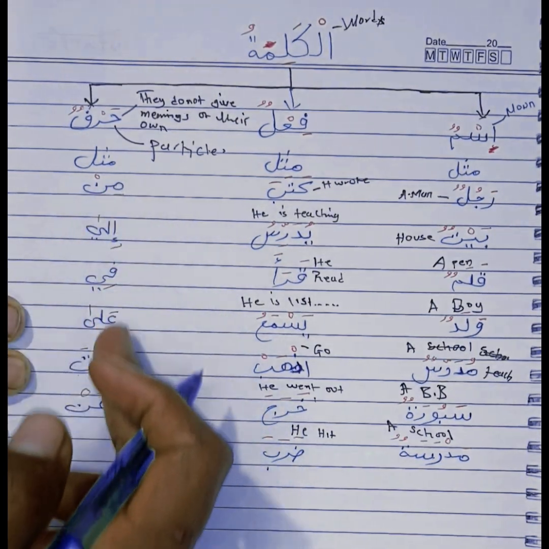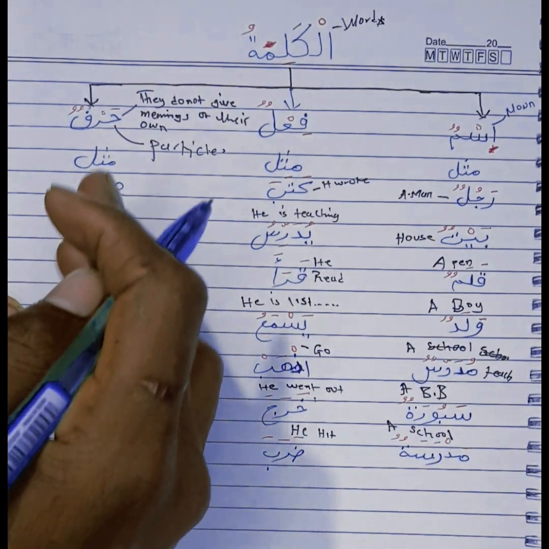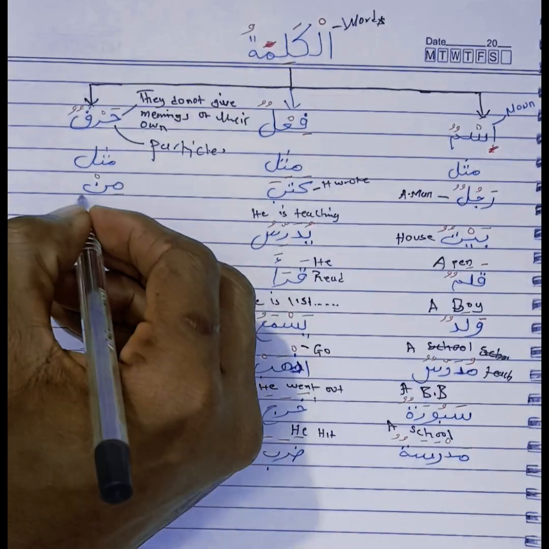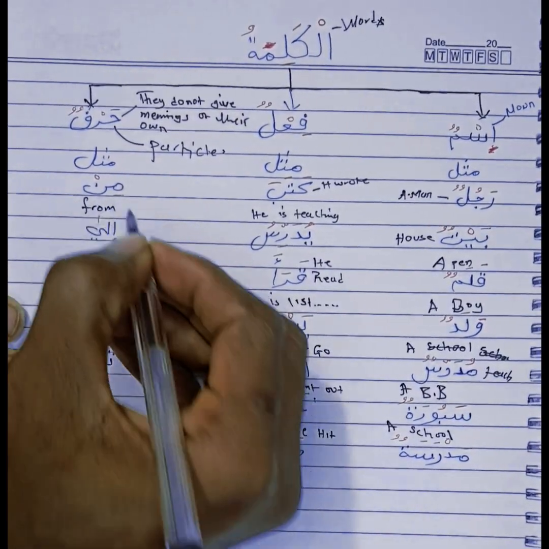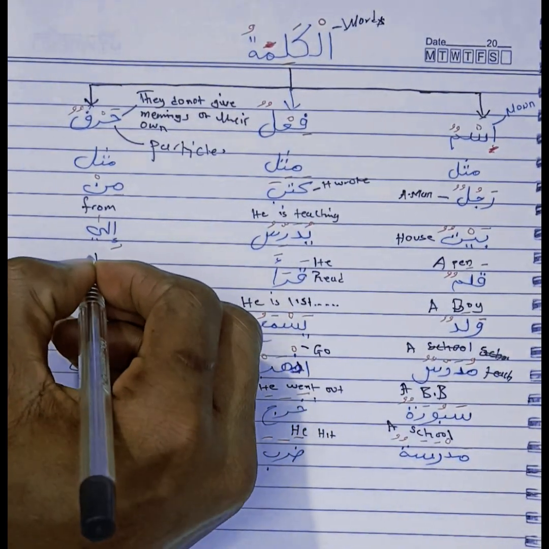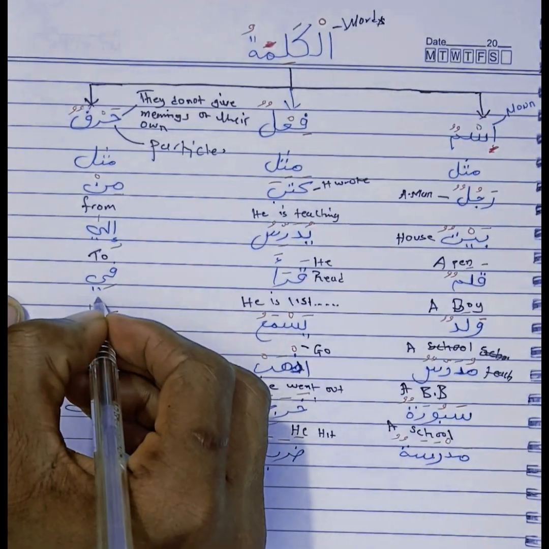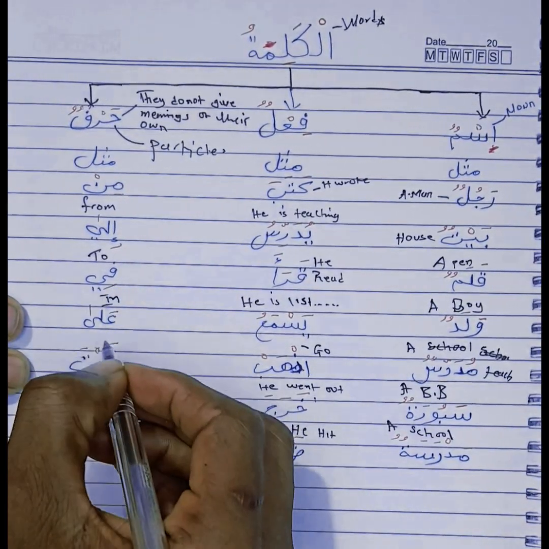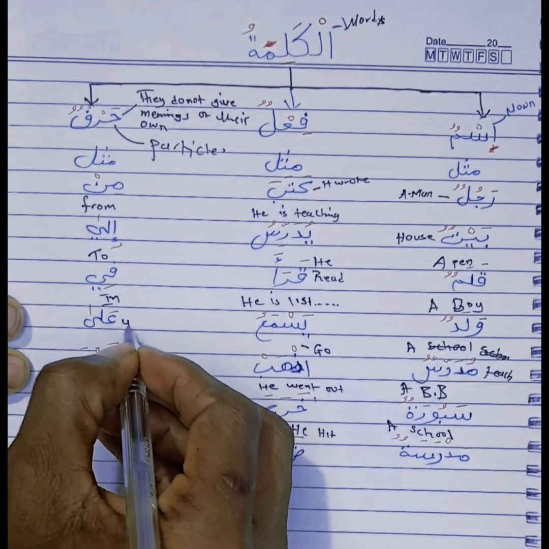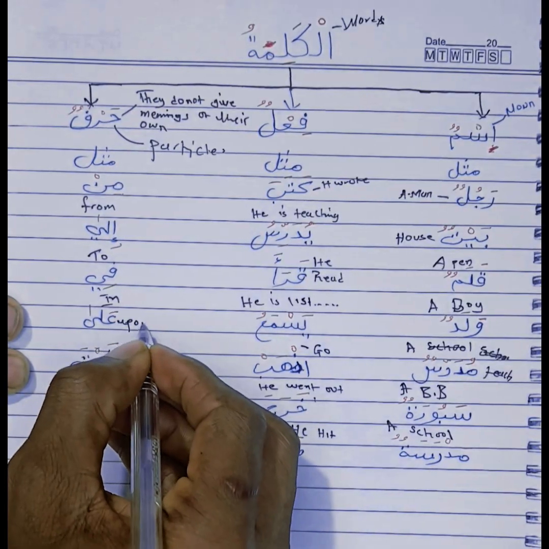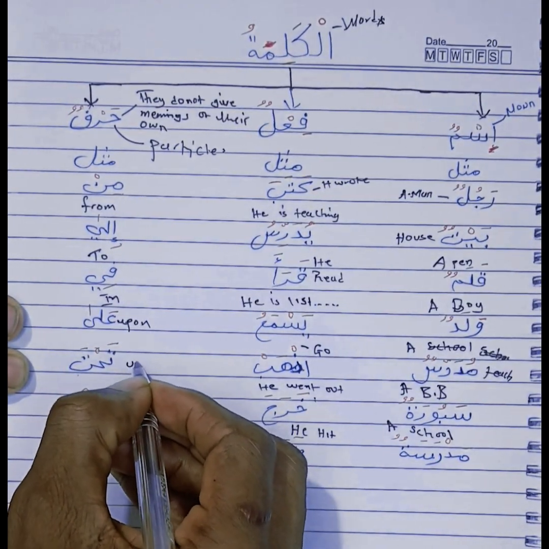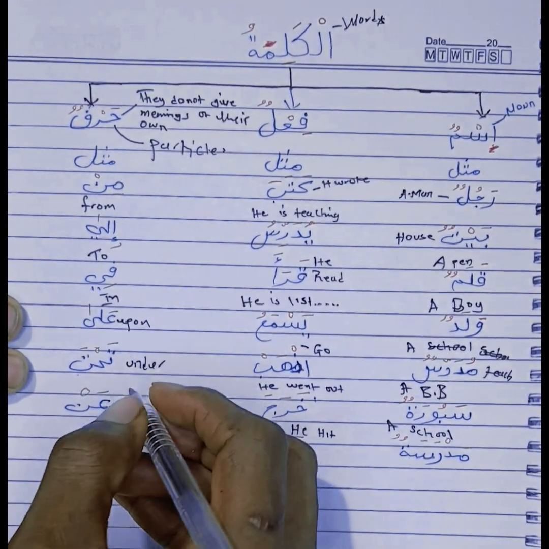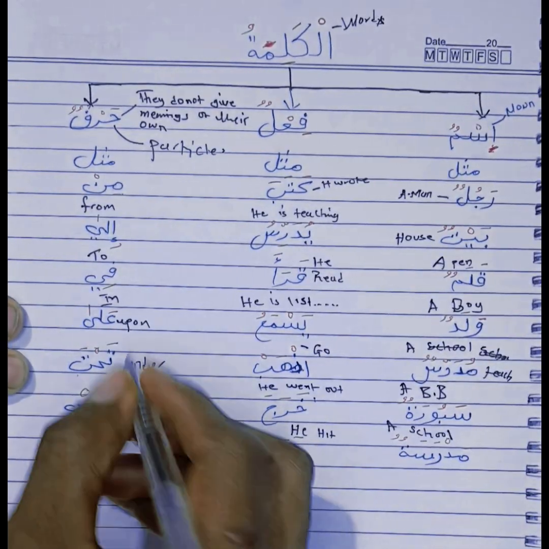These are a few examples of huruf, which are particles. Min means from. Ila, to. Fi, in. Ala, upon. Taht, under. An means from also, but it can be used another way, not like min.